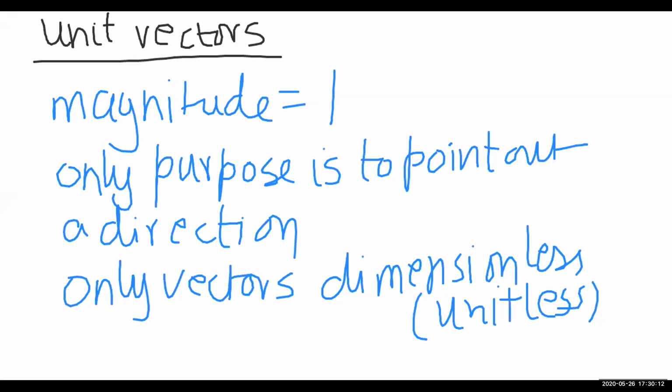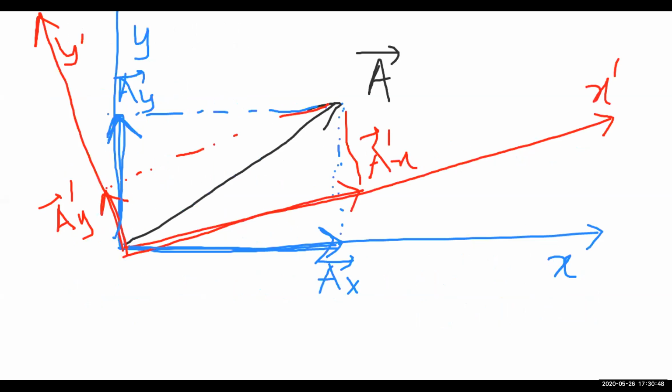Force will have a unit of newtons, velocity will have a unit of meter per second, electric field will have a unit of volt per meter, magnetic field will have a unit of Tesla, and other vectors will have their own units. This guy, however, the unit vector, it will be absolutely unitless, dimensionless. Okay.